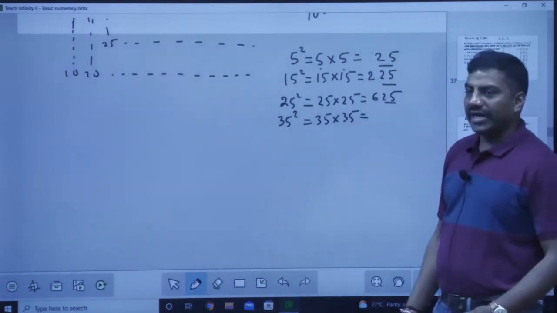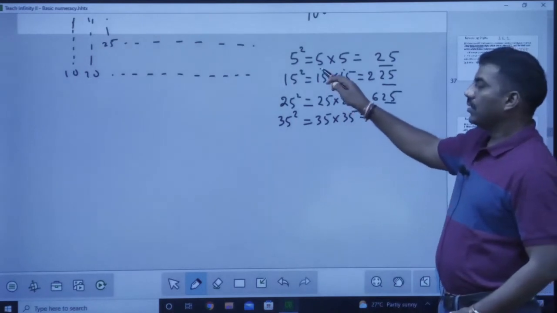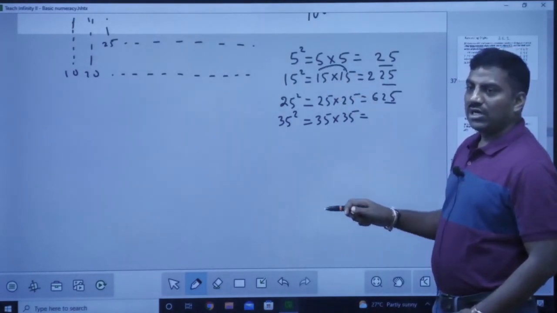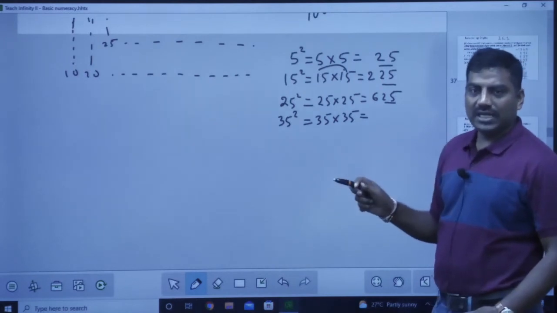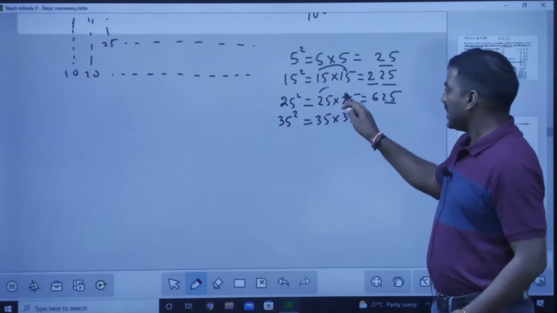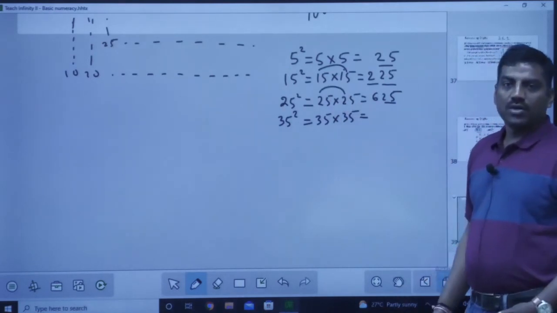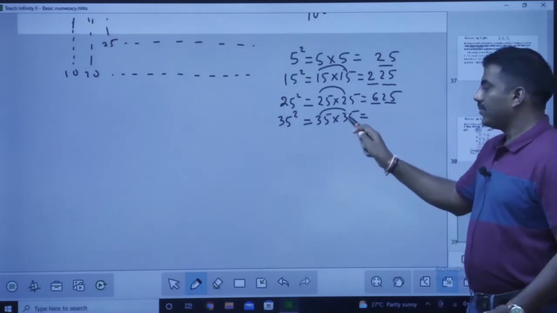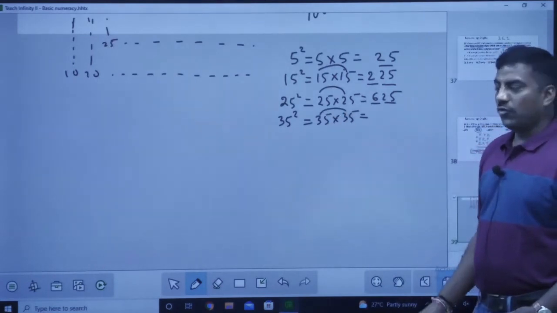If we are finding the squares, instead of 1 ones are, make 1 twos are. Instead of 2 twos are, make 2 threes are. Instead of 3 threes are, 3 fours are. What is it?